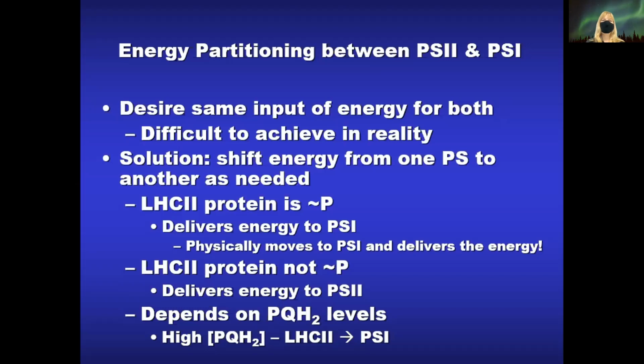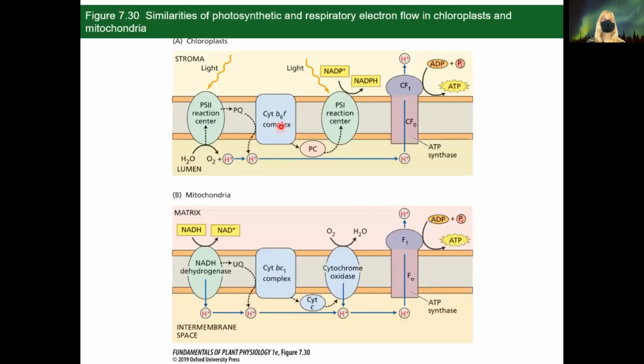And so if we just look at the top picture here, plastohydroquinone right there, if that starts to build up, what that's saying is everything downline from it, so to speak, downstream of it, is not doing its job. So what that means ultimately is photosystem 1 is not getting hit with enough light energy, and it's causing all of this part of the light reaction to slow way down, which causes PQH2 levels to just build up.